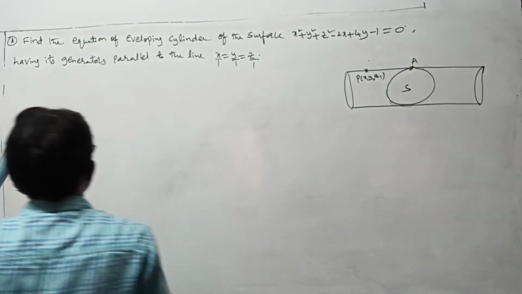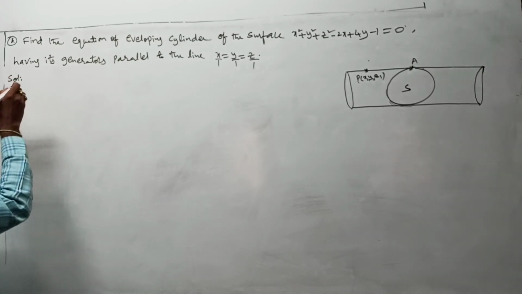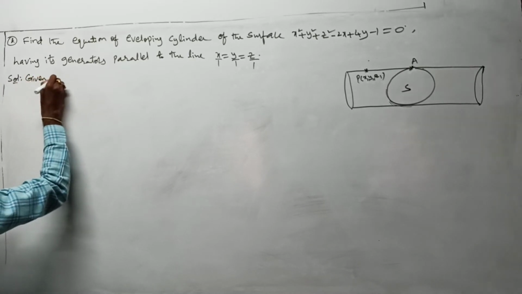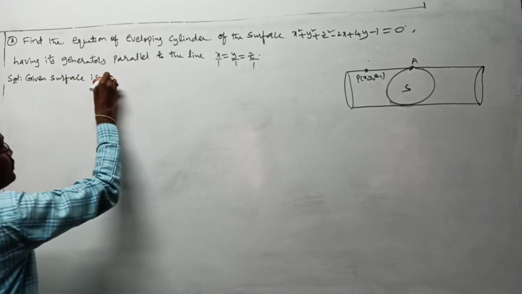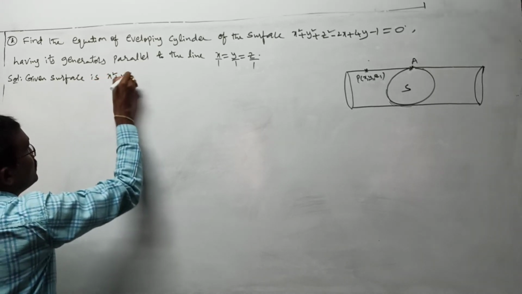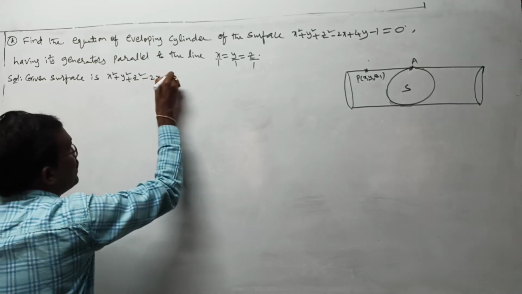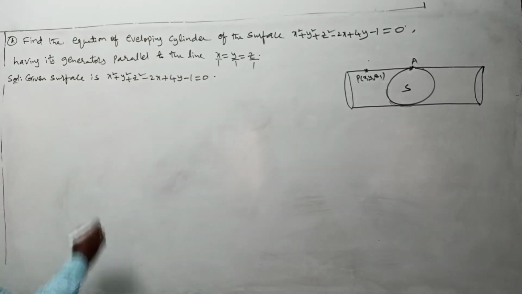But before that, I am going to write the given conditions. The given surface is x square plus y square plus z square minus 2x plus 4y minus 1 equal to 0.